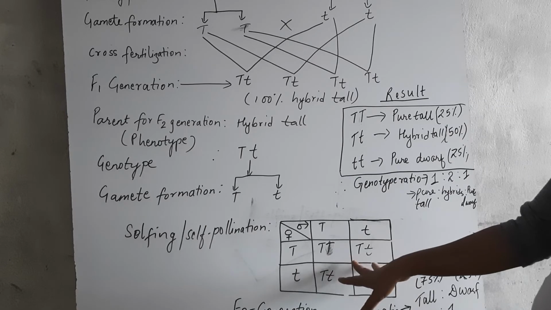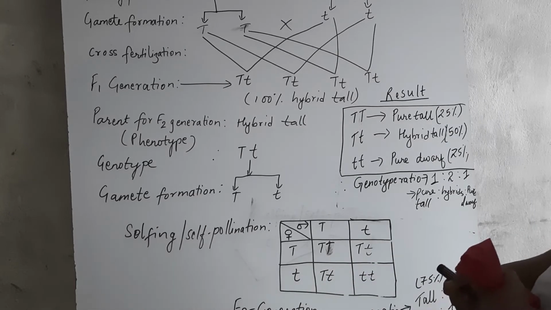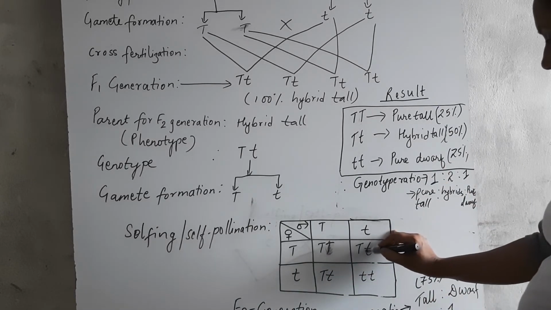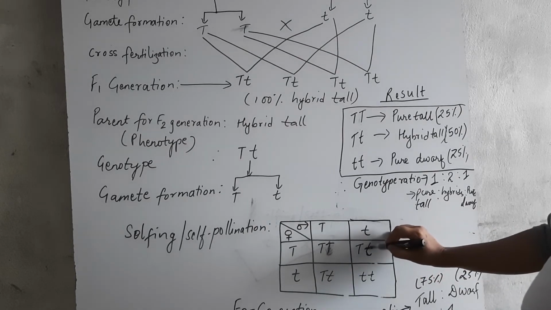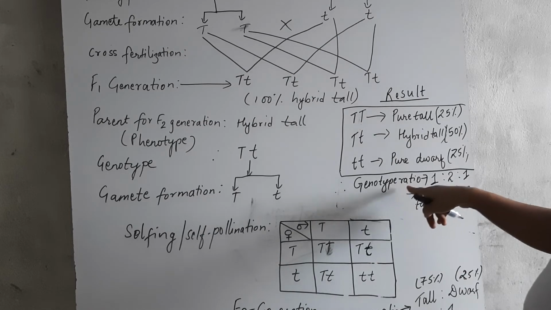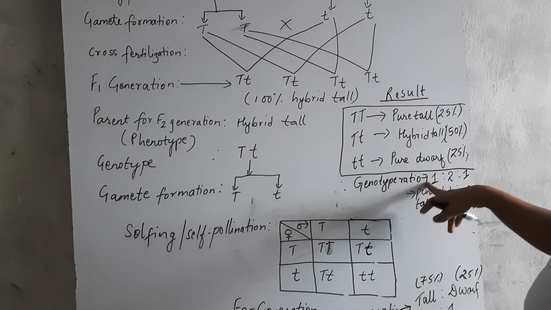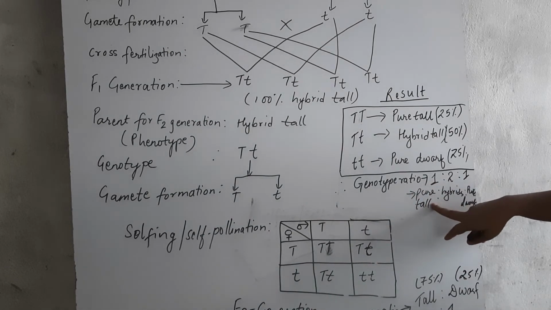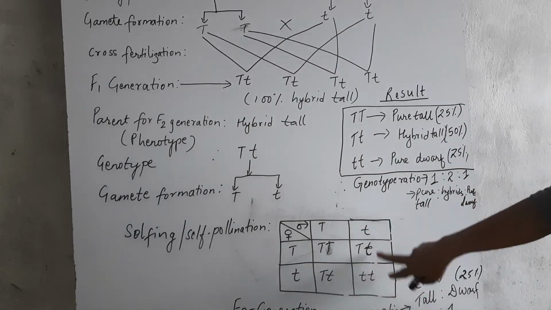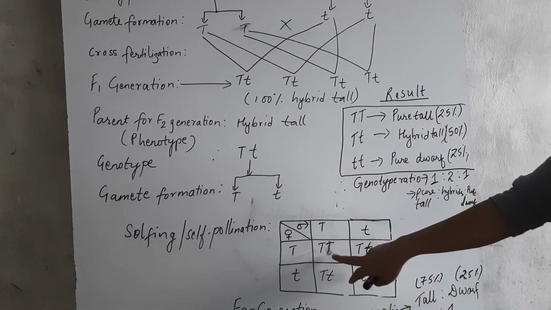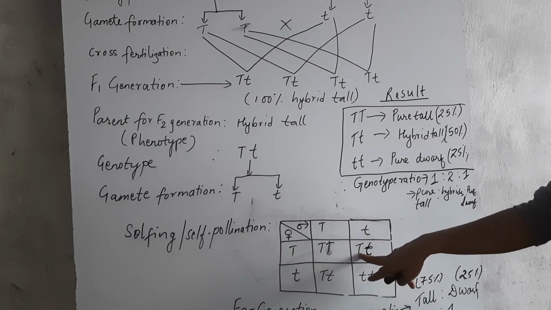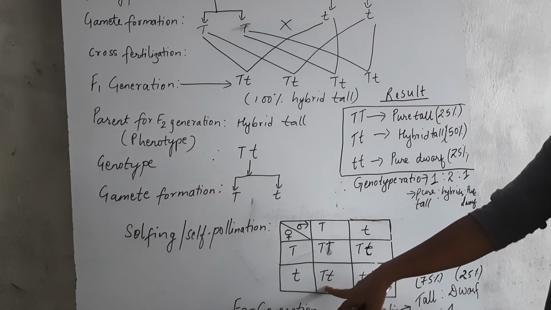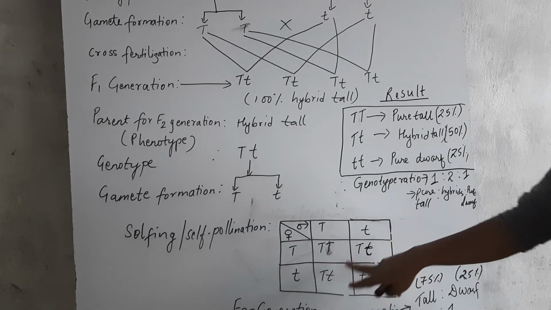And looking at this chart, according to Mendel's experiment, in the genotypic ratio, 1 represents the pure tall, since the organism with pure tall gene is only 1, and 2 represents the hybrid tall, since this is the hybrid and this is also the hybrid, altogether there are 2 hybrids.